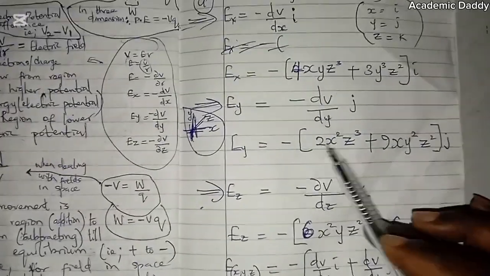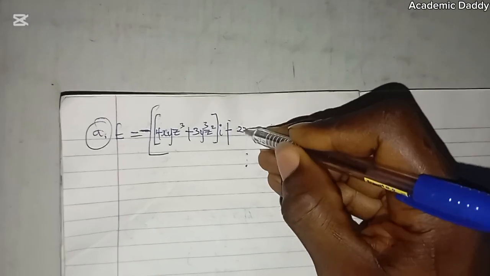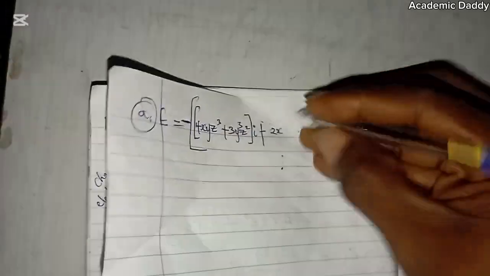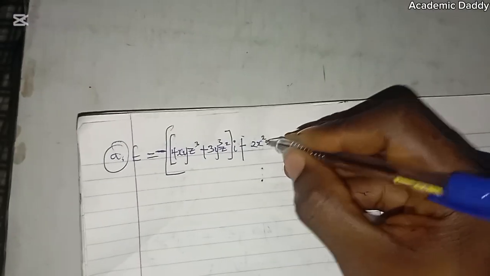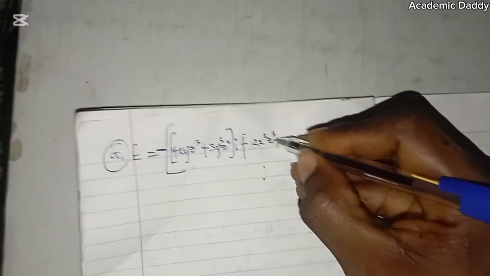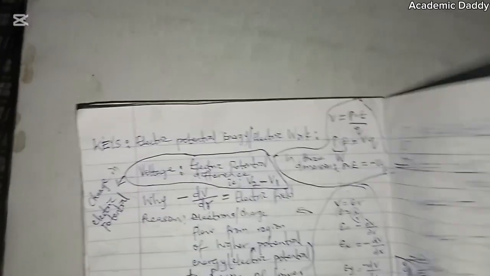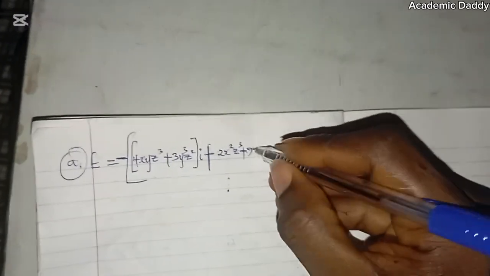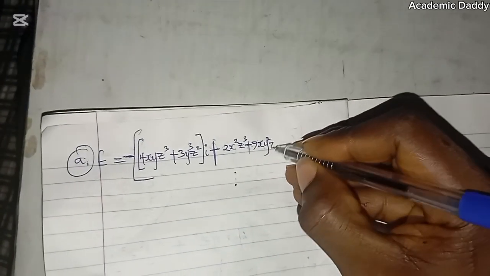Plus, now, plus for this one now. Plus 2x^2z^3 plus 9xy^2z^2.